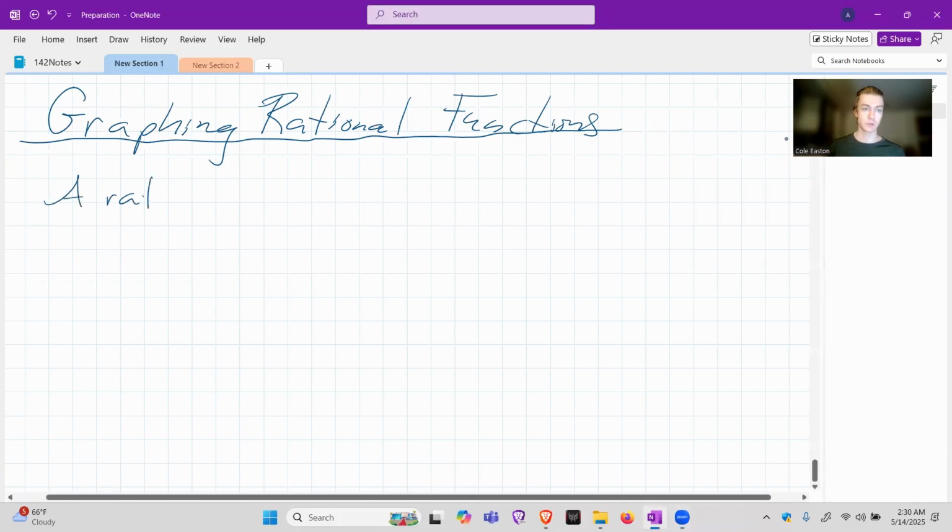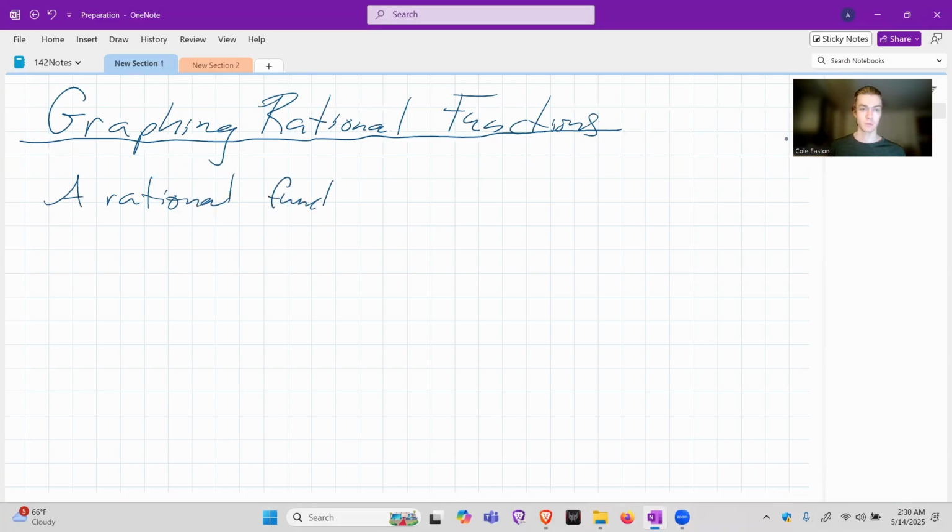A rational function is a polynomial divided by a polynomial.